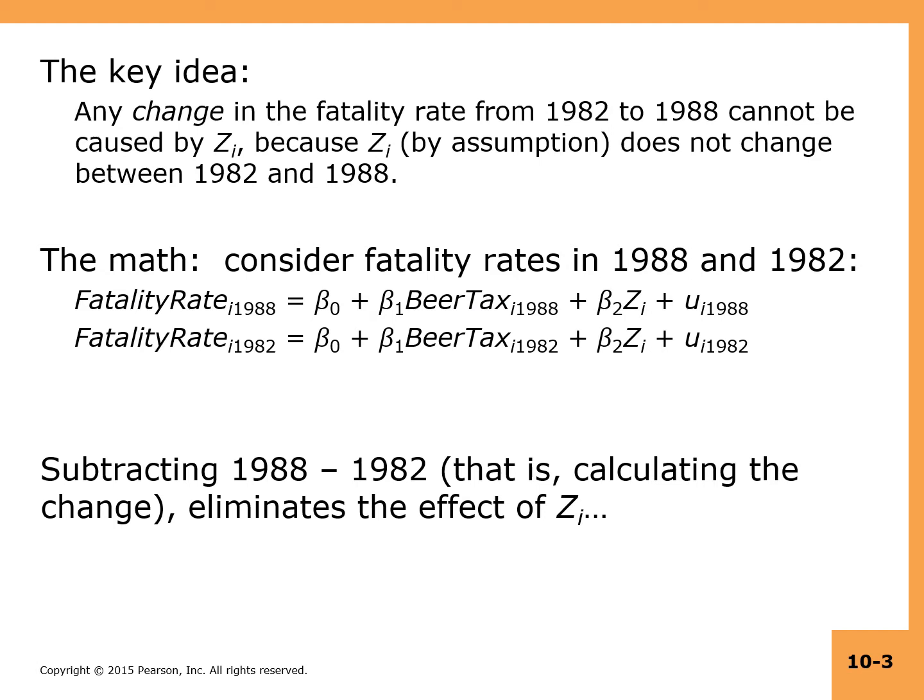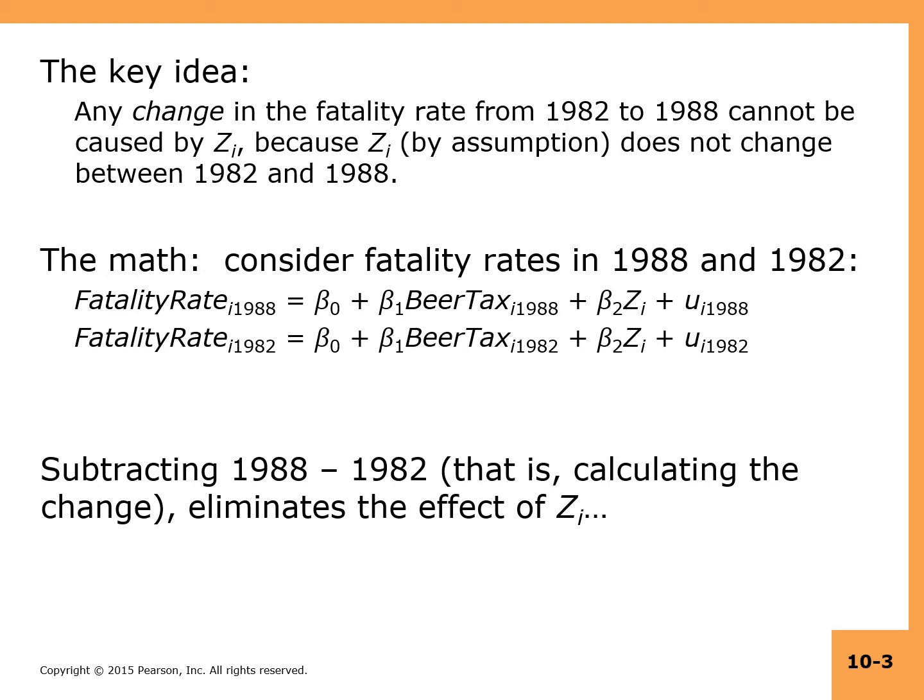The main idea behind this method is that any changes in the fatality rate from 1982 to 88 cannot be caused by the omitted factor Zi, because Zi by assumption does not change between 82 and 88. So in other words, whenever the fatality rate changes from 82 to 88, that is not caused by the omitted factor, because the omitted factor is not changing between these time periods.